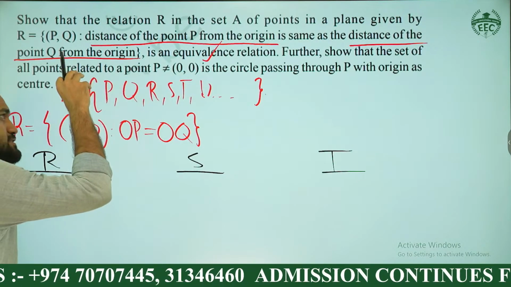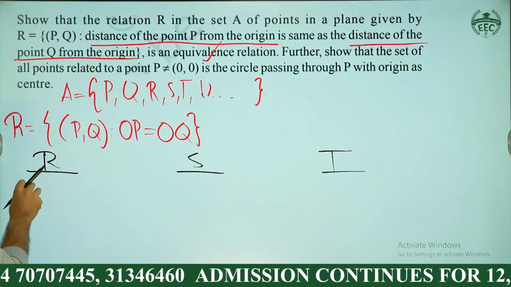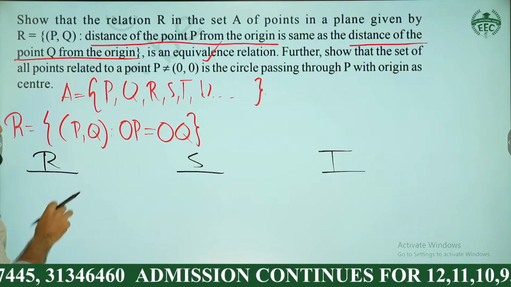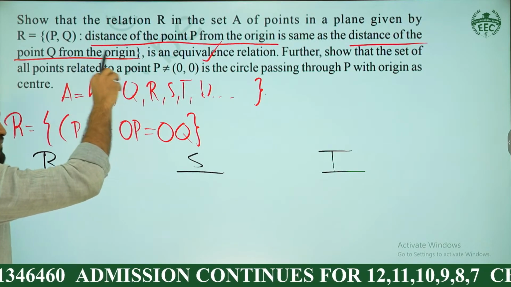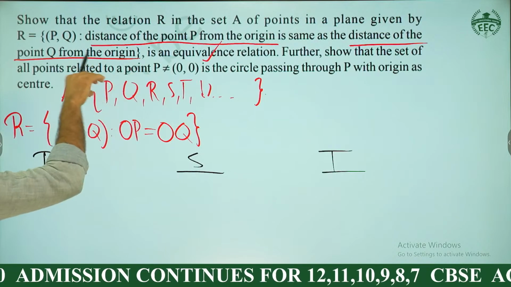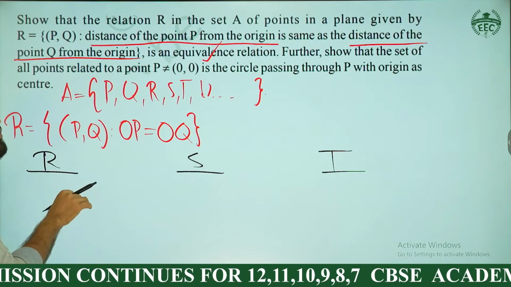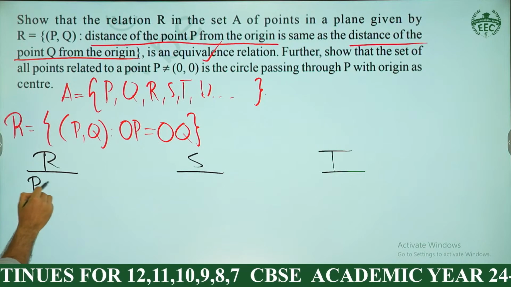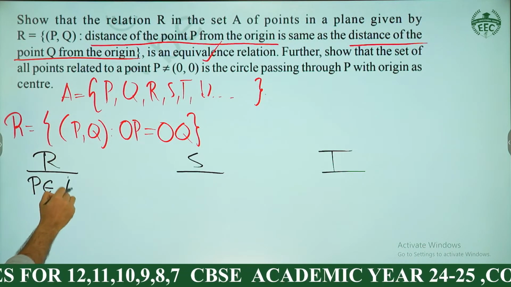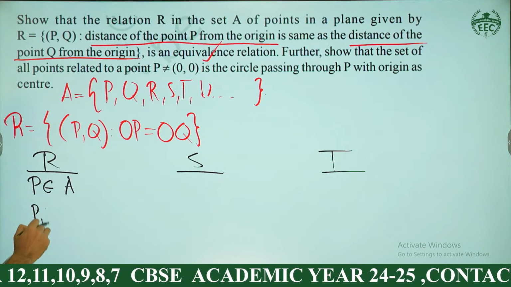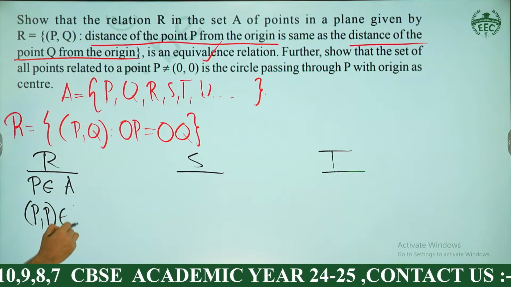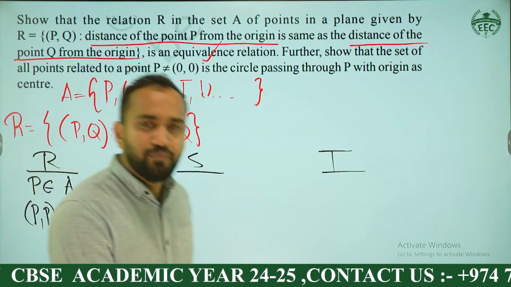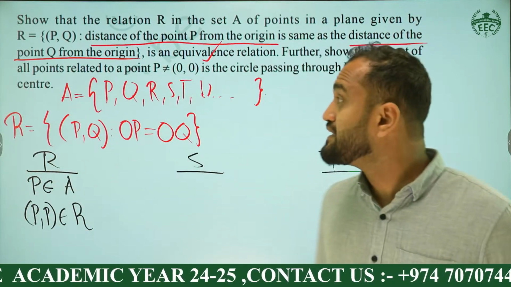If the set contains P, the relation must contain P comma P. If the set contains Q, then the relation must contain Q comma Q. So I am saying that P is an element of set A. Whether P comma P will be there in the relation is the question.